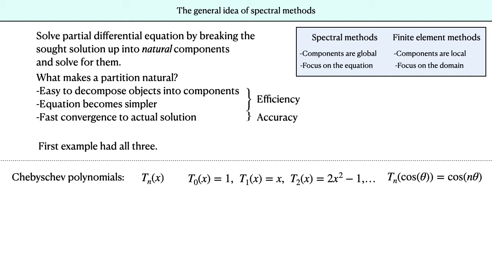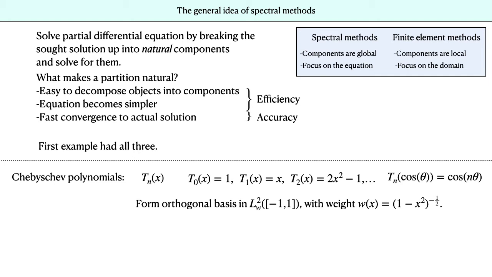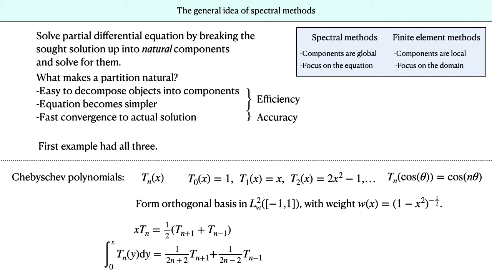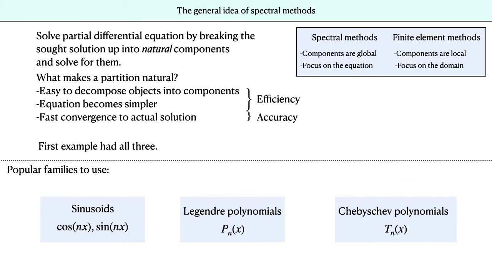As was the case with the Legendre polynomials, the Chebyshev polynomials also form an orthogonal basis, but in the weighted L2 space, where the weight is 1 divided by the square root of 1 minus x squared. And the Chebyshev polynomials also satisfy some algebraic properties and some differential properties. The second one is actually an integral formula. So that's enough about the Chebyshev polynomials.